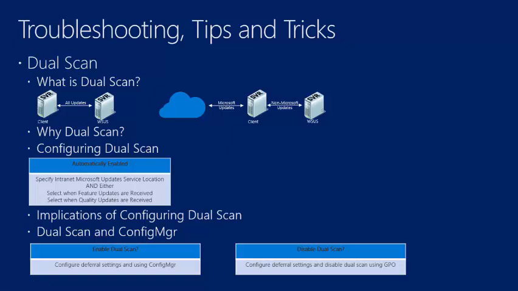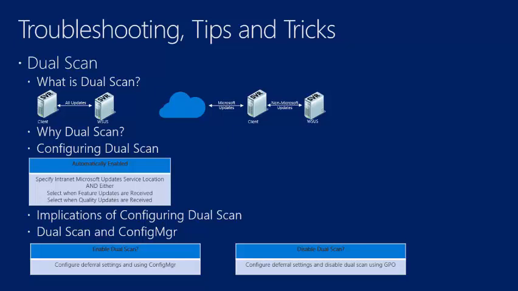And so now, because of that, as of 1703, I believe, actually 1709, as I recall, there is a setting in GPO to basically say don't configure dual scan. The wording is, don't allow update deferral policies to cause scans against Windows Update. And so there is that specific setting now, right?